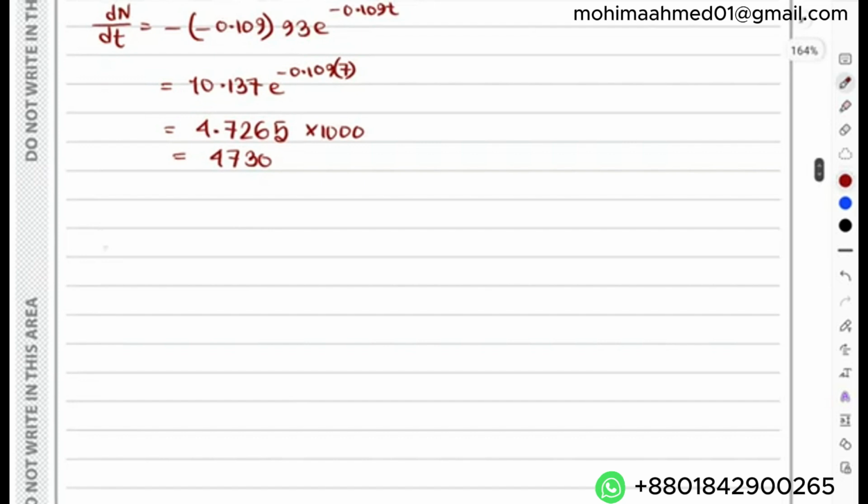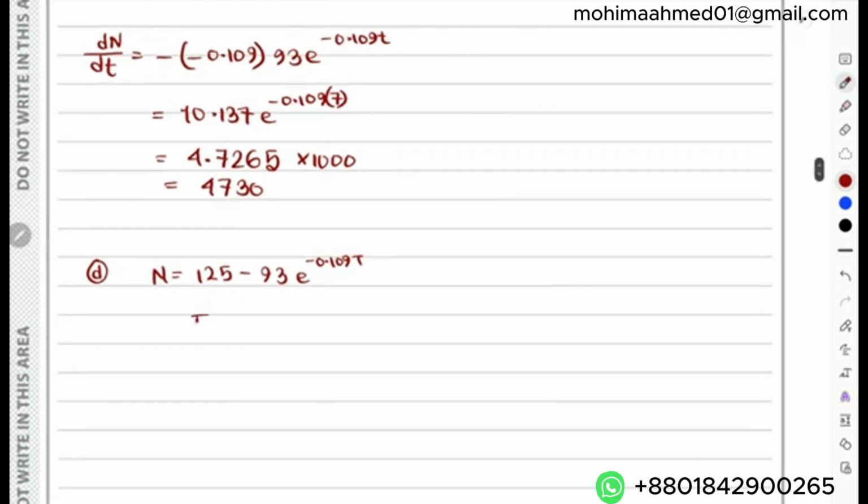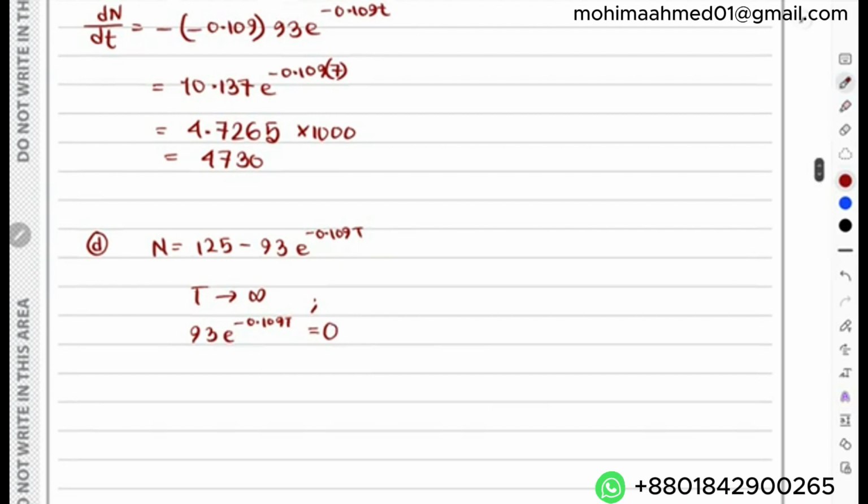So for part D, the normal equation was n equals 125 minus 93 e to the power of minus 0.109 capital T, right? Where T tends to infinity, this entire expression 93 e to the power of minus 0.109 T becomes 0. That means for infinite time, the maximum value that n can hold is 125, right?